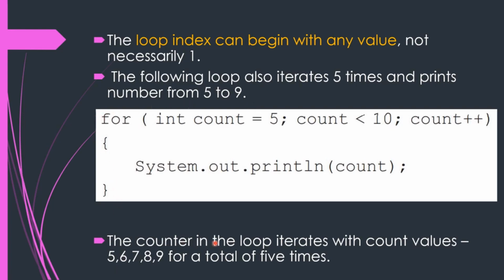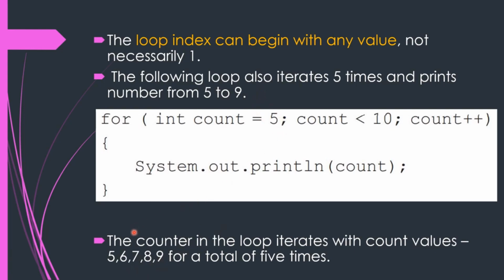The counter in the loop iterates with the count values 5, 6, 7, 8, 9 for a total of 5 times. Since here the condition is count less than 10, means we want the number to be less than 10, not even equal to 10. So for this purpose, we have taken 5, 6, 7, 8, 9 because the initialization value is 5.